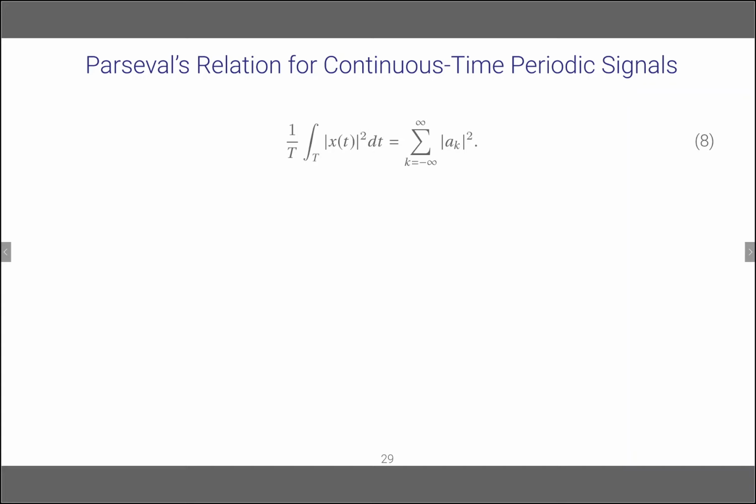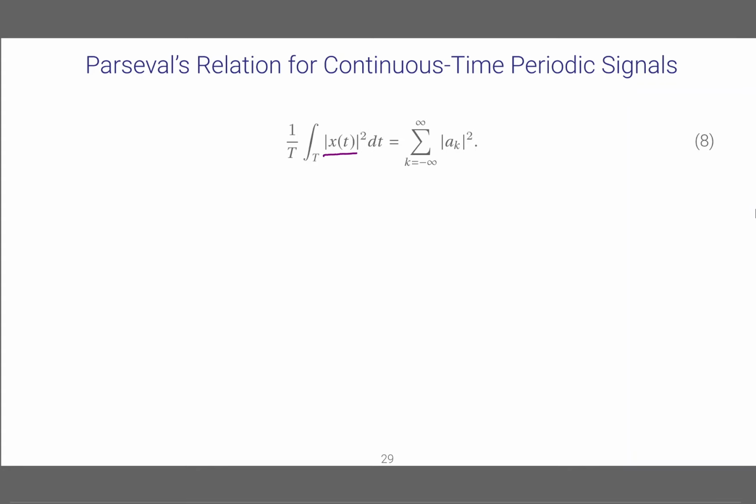Okay, now let's look at Parseval's relation for continuous-time periodic signals. That states that if you take the average power, the integral of the magnitude of x(t) squared dt over one period, it is equal to the sum of the squared magnitudes of the Fourier series coefficients.